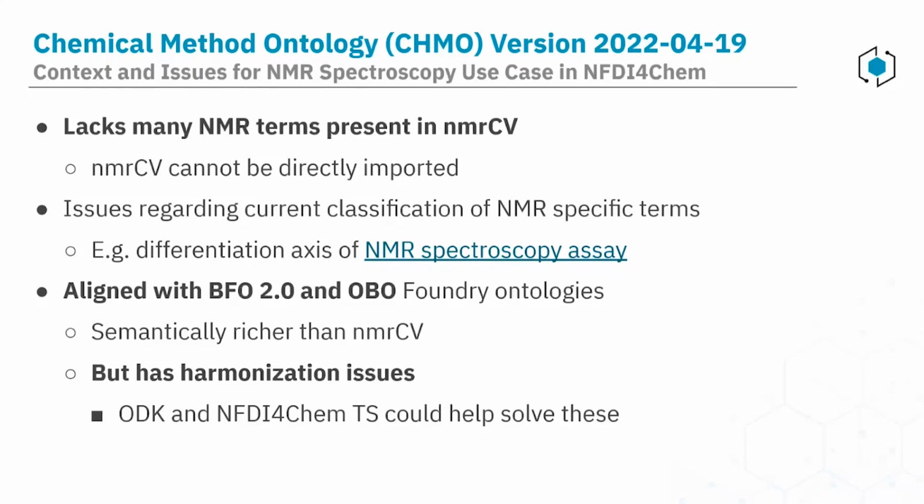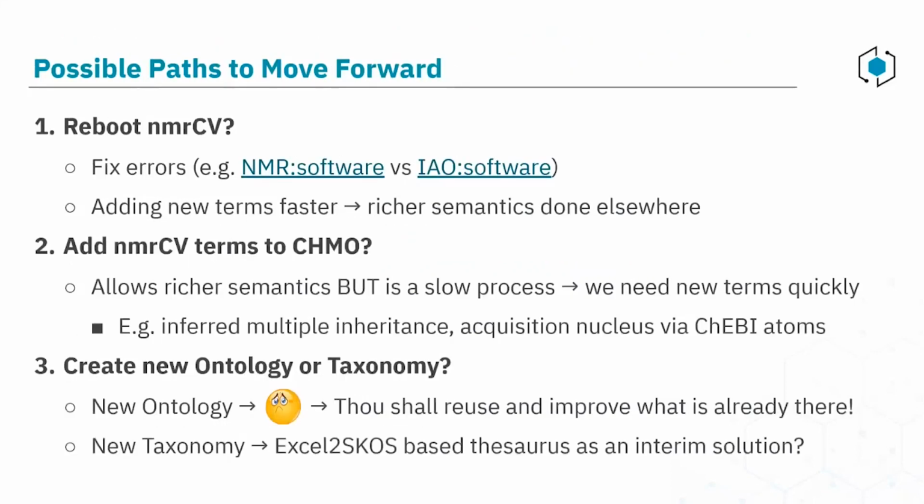For instance, a 1D NMR spectroscopy assay is a spectroscopy assay producing one-dimensional outputs, which would be a viable route. But doing so is quite labor intensive. So we are currently in a situation where we need new terms rather quickly.